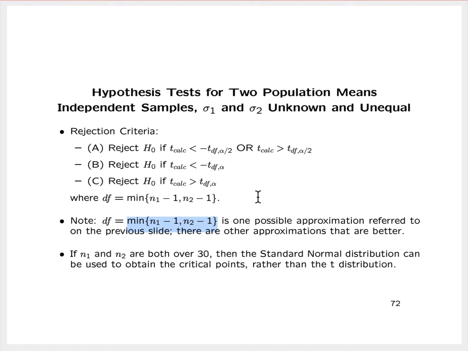Now, we know that that's not the true number of degrees of freedom, but like I said, this approach will give us a conservative test in the sense that the true significance level of the test will be no more than the desired significance level. Now, you'll remember that if we use a smaller significance level, that decreases power, and so that's why this is conservative.